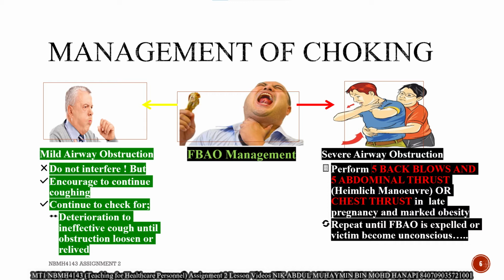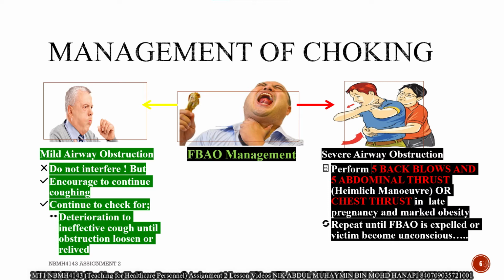So, how can we decide when to switch between the 5 back blows and 5 abdominal thrusts? After completing 5 back blows and reassessing the victim's condition and the foreign body, the rescuer may straight away proceed to the 5 abdominal thrusts or Heimlich maneuver.